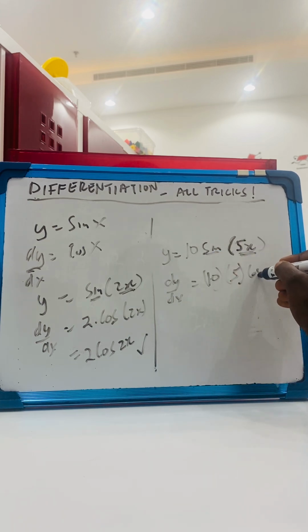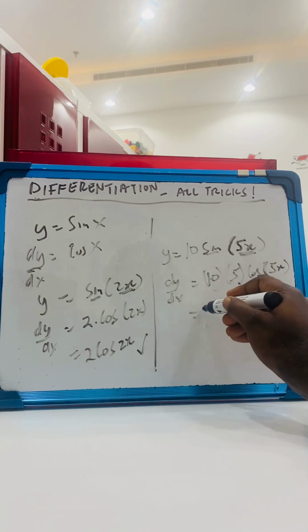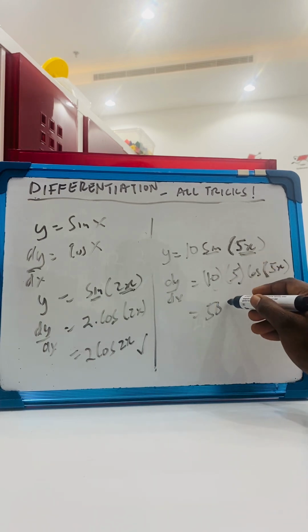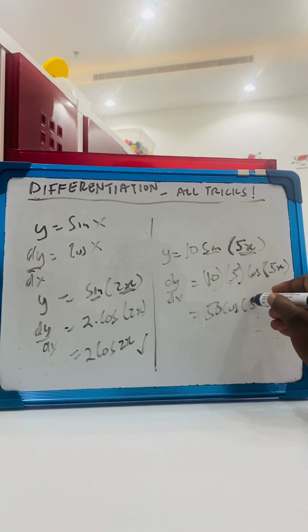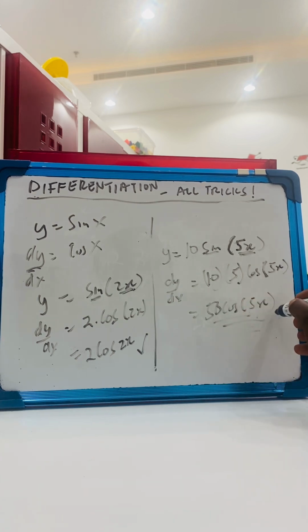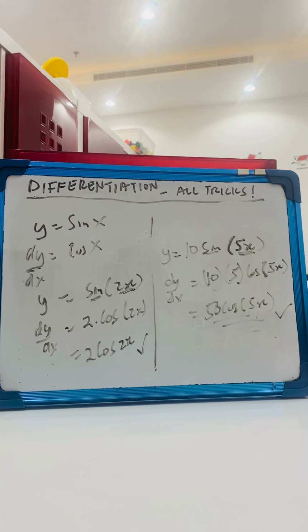Derive sine, I have cosine, keep my function 5x. 10 times 5, 50. Cosine 5x. I'll take the last set of examples.